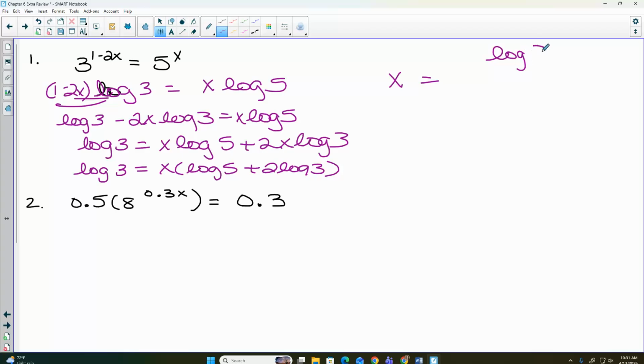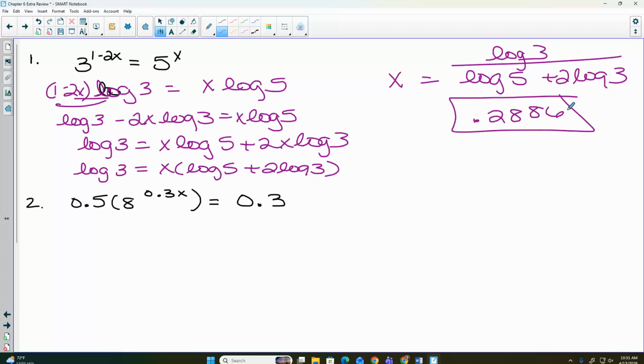So it's log 3 divided by log 5 plus 2 log 3. So if I plug that in, we get 0.2886. How did you do on that one?